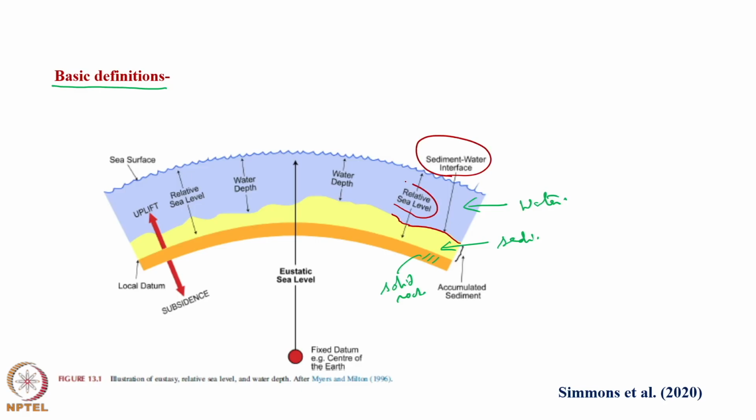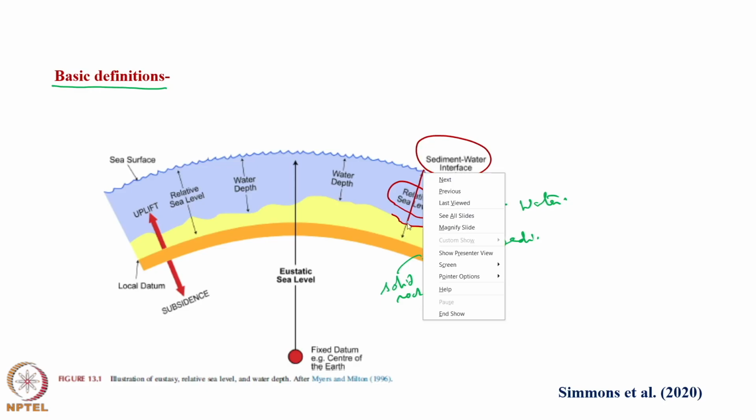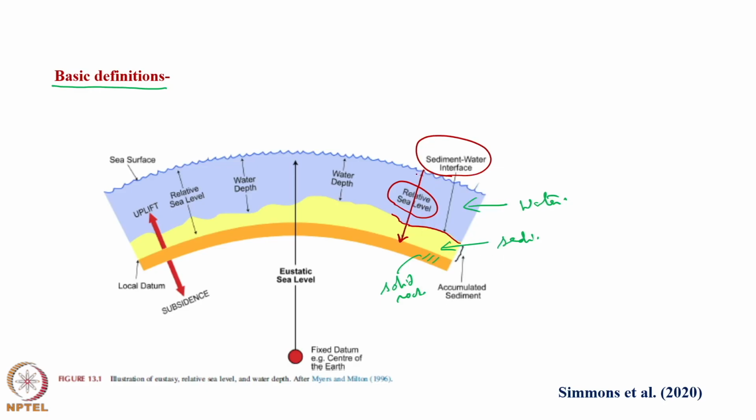When we say relative sea level in sequence stratigraphy, we mean the depth from here up to there, that means from water level up to the hard rock. When we say water depth, naturally we mean this much depth from the water level up to the sediment, which is again shown here. In the sea, depending on the sediment's accumulation, the water depth can vary.